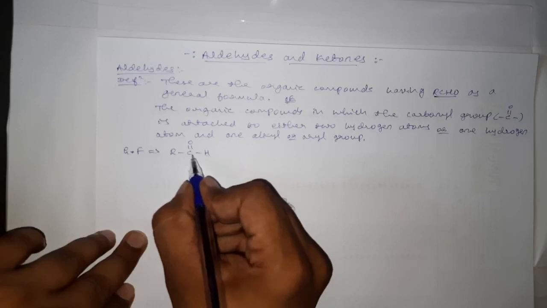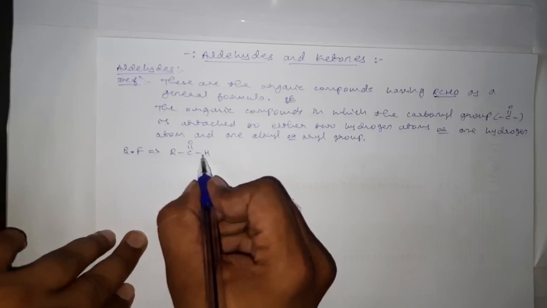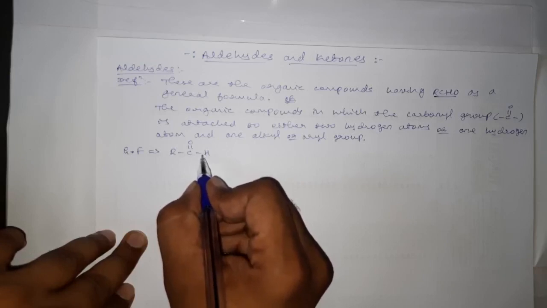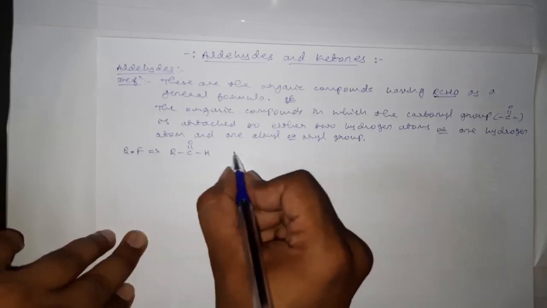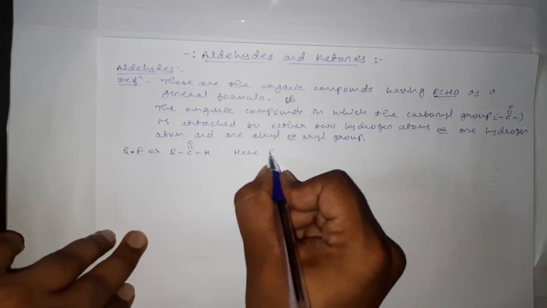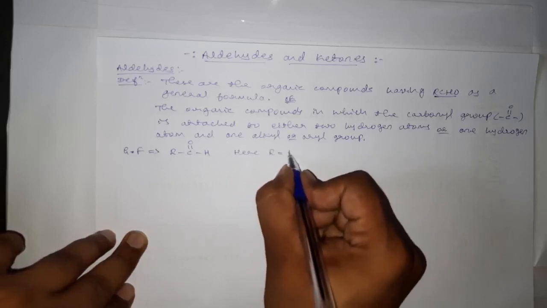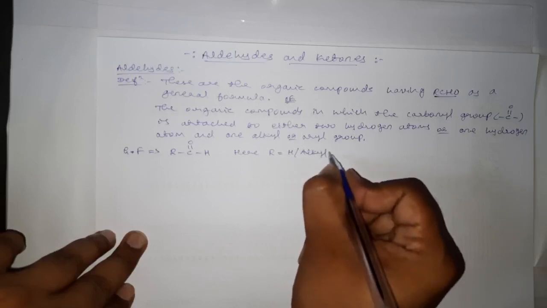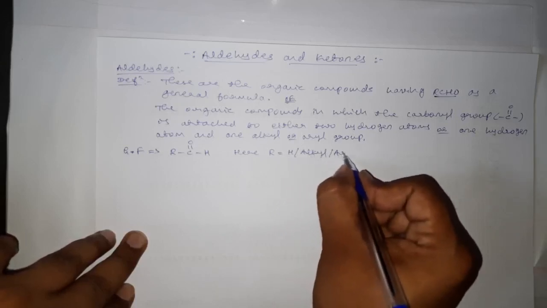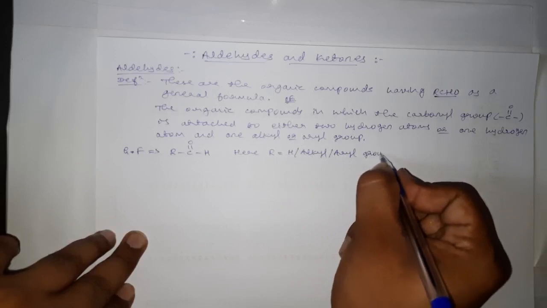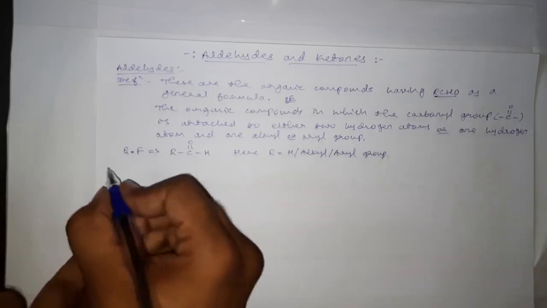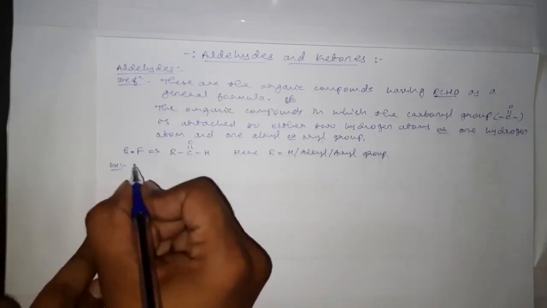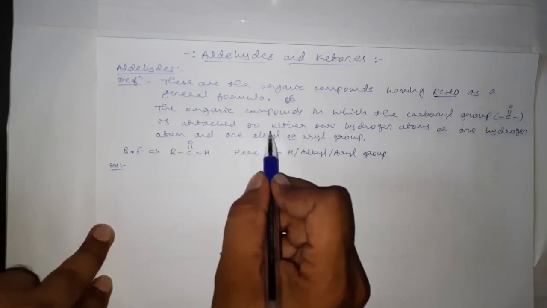Here, on one side of this carbonyl group, it should contain one hydrogen. It is compulsory. And this R may be either hydrogen, or it may be an alkyl, or it may be an aryl group. Correct? With examples, we can easily understand the definition.